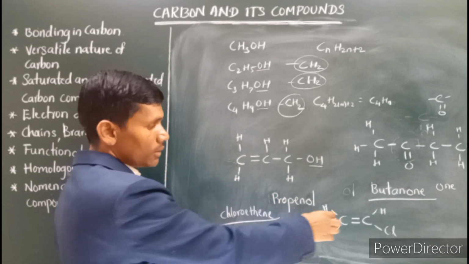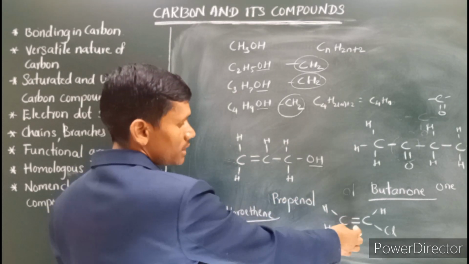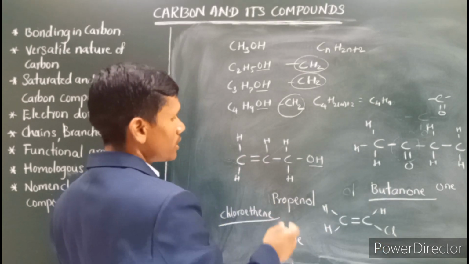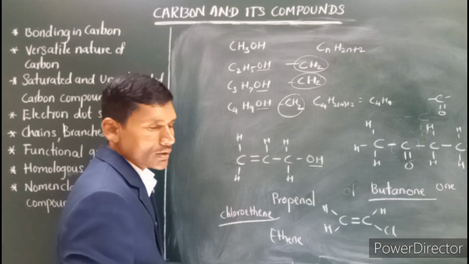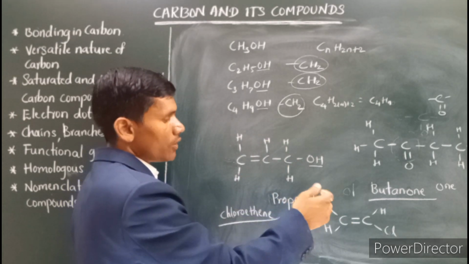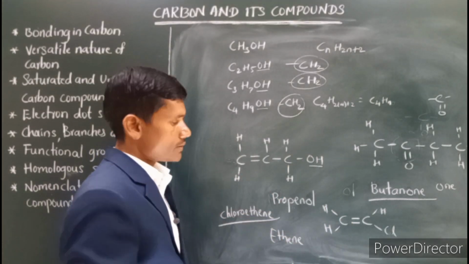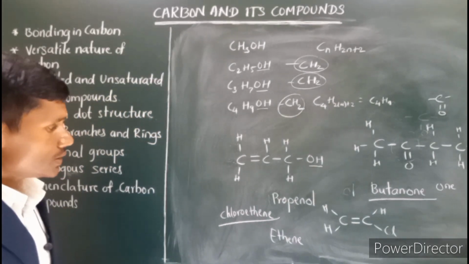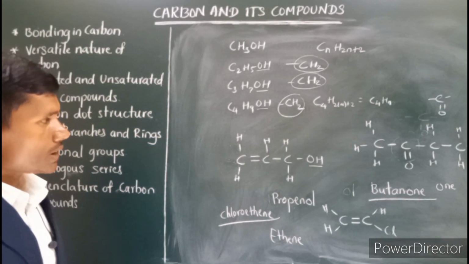Just looking at the number of carbon atoms, finding the bond and adding either a prefix or a suffix. Except chlorine and bromine, all are suffix. If it is chlorine or bromine, then it will be a prefix with that name. If you do this much, it will be over. This comes under just nomenclature.